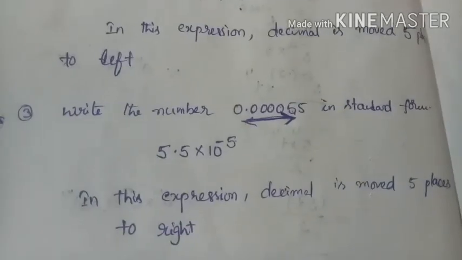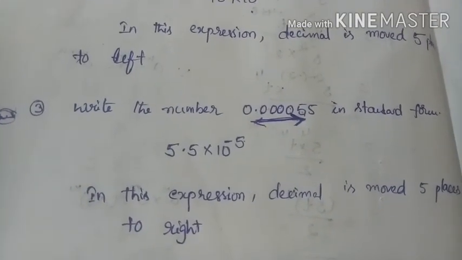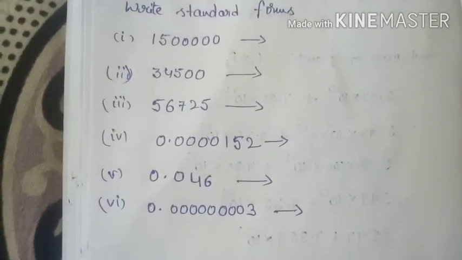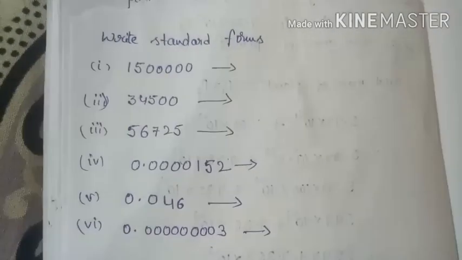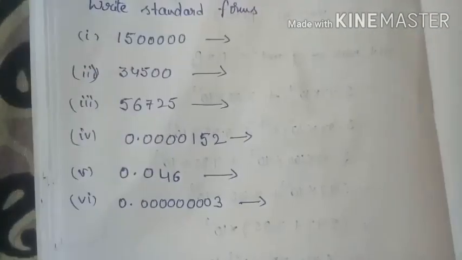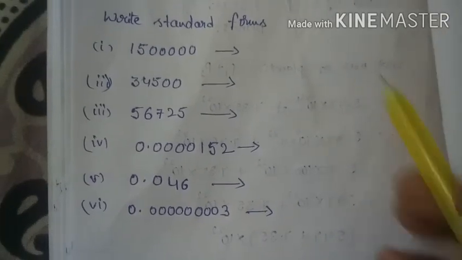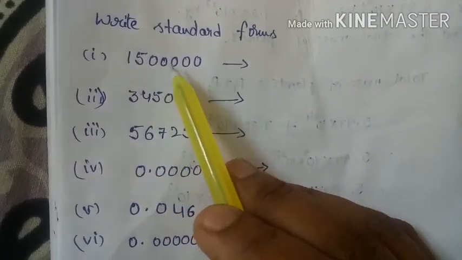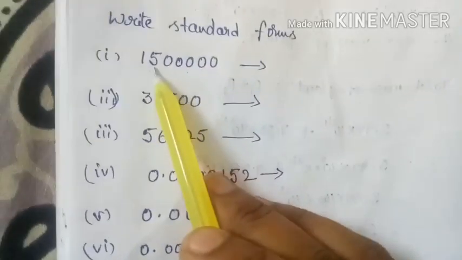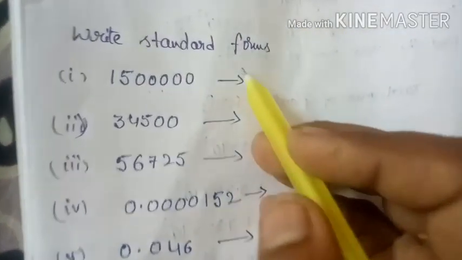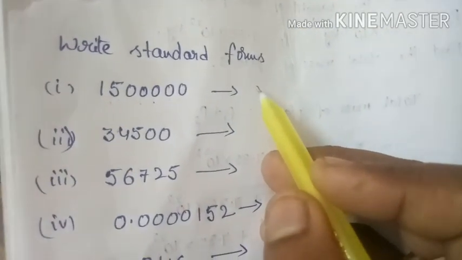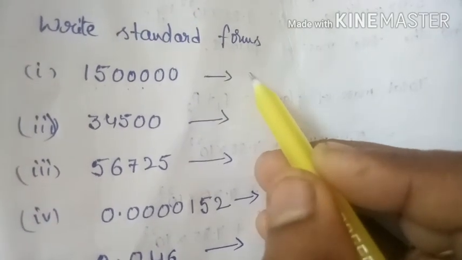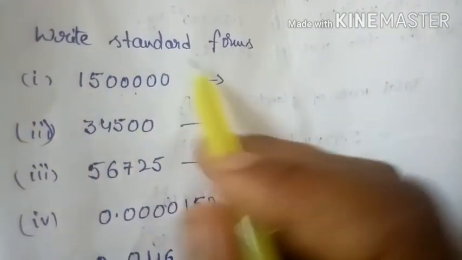Okay. Let's see some more examples. Tell me the standard forms of the given numbers. First one, 150000. How many zeros? 3, 4, 5 zeros. Now tell me what is the standard form of this one. Yes, first of all there are no decimals.